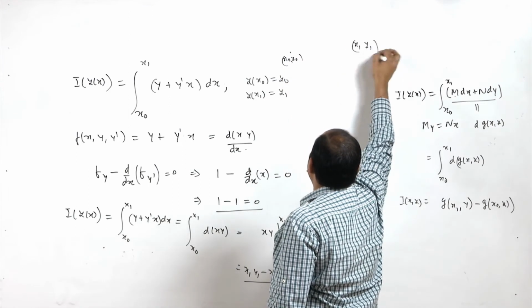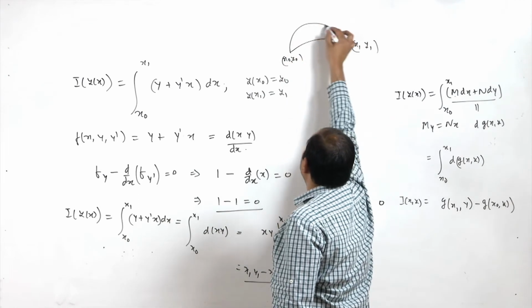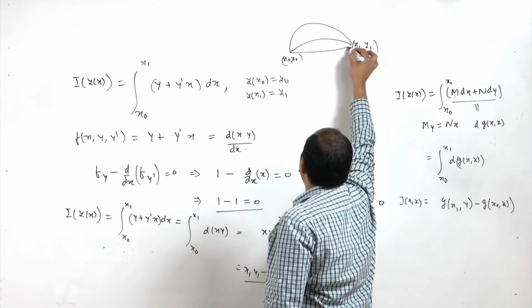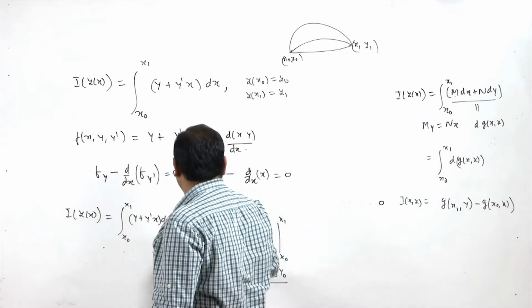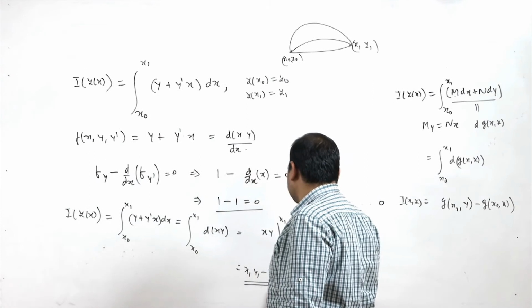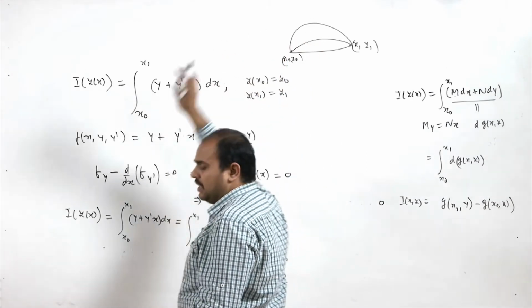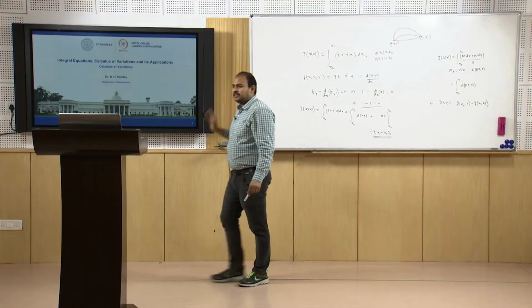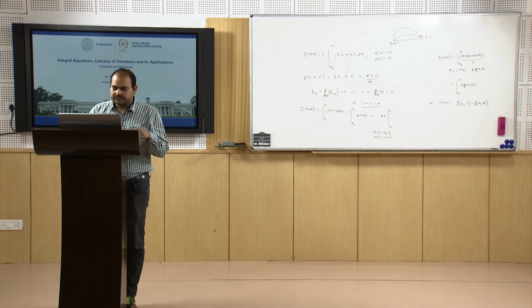You can take any path, whether you take this path, that path, or whatever path, the value of this I of y of x is nothing but the value given here, that is x1 y1 minus x0 y0. So it means that every curve is an extremal. So we can say the problem of extremal is meaningless here.